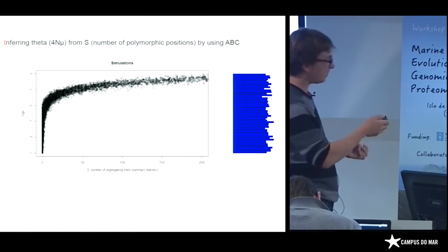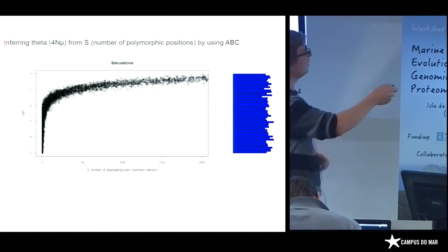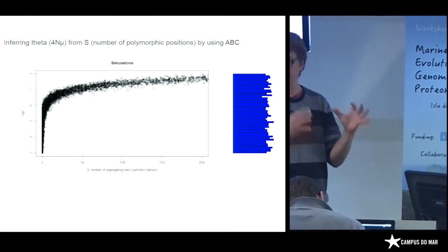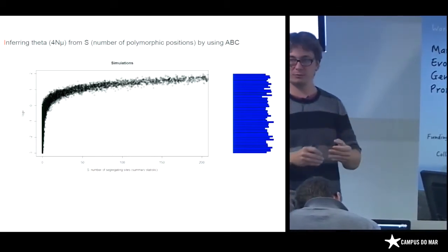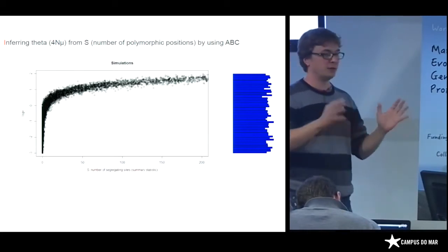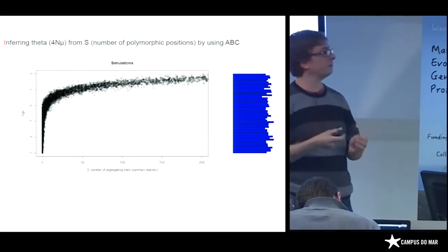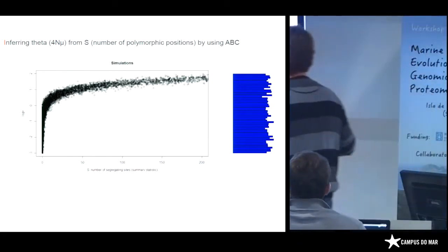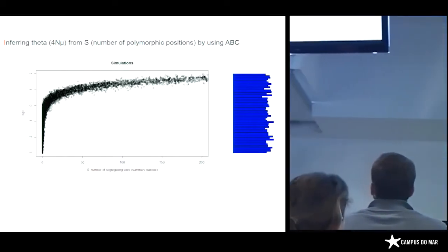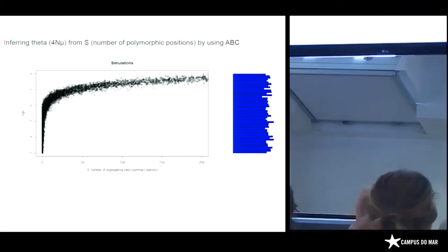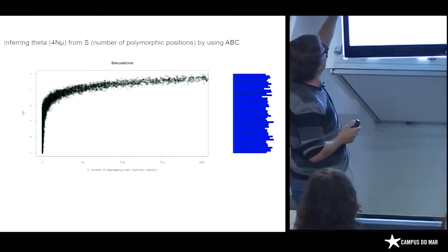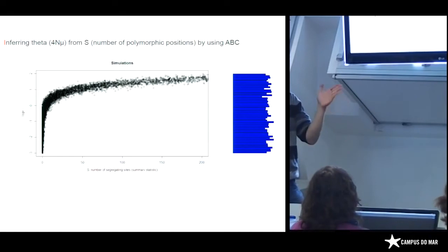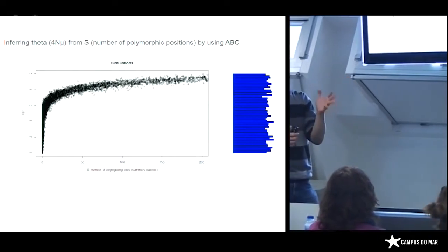Okay, so this is a simple example. Here you have many simulations of one population, which is what we are going to begin with: a single panmictic population. The statistic is S, the number of segregating sites. And here you have the parameter theta, which is N, the population size, times u, the mutation rate.